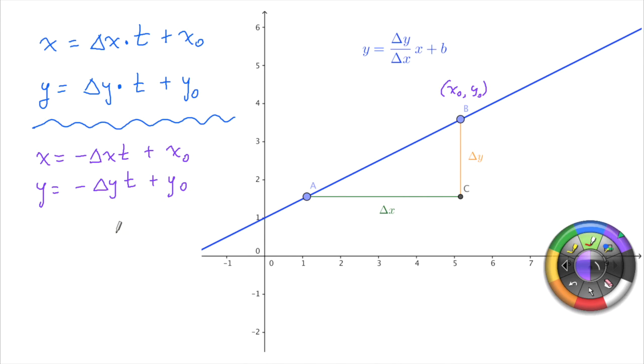And that would just reverse the orientation of the graph. It would get rid of this part, and your points would constantly be moving from right to left in a downwards direction. So this idea of orientation and being able to change it is kind of important, especially if you're describing a particle that's moving in that direction.